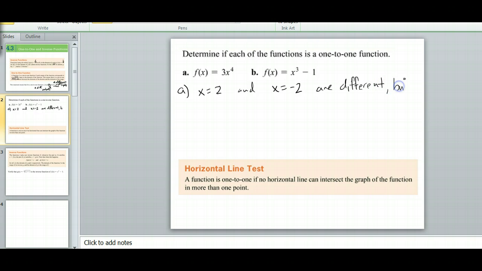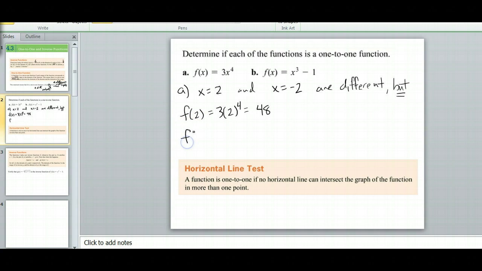But if I plug them into the function, f of 2, I get 3 times 2 to the 4th, which is 16 times 3, which is 48.